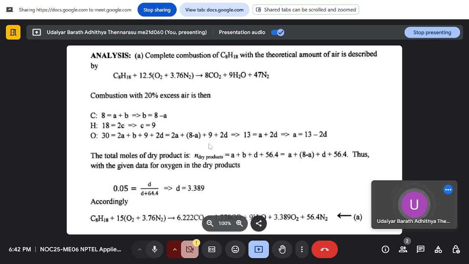So substituting the expressions here and keeping it in terms of D, because D is the amount of oxygen present.